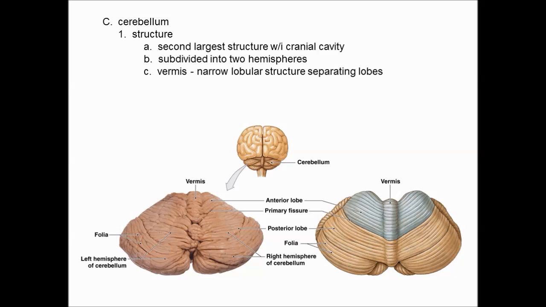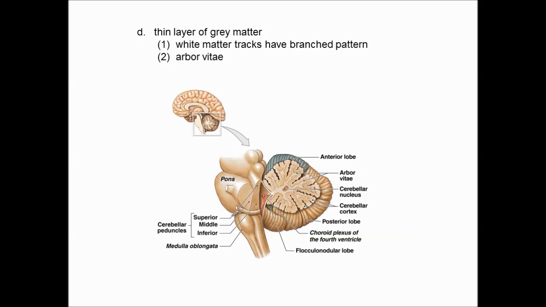So there's 2 lobes of the cerebellum, and they're joined by this structure in the middle called the vermis. If you cut across the cerebellum, you'll see this tree-like structure, and it's white tracts going up to the surface that has gray matter.